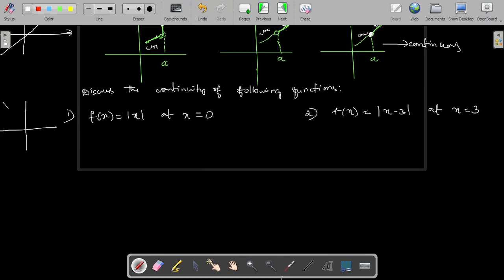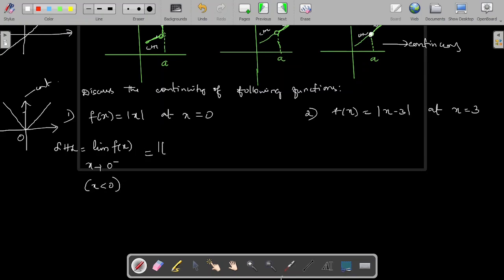We know that graph of a modulus function is in V shape. You can draw the graph of a modulus function without any break. Hence, this function is continuous. But algebraically, we have to prove that is modulus function continuous at x equal to 0. So you have to find out LHL of this function, that is limit of f of x as x tends to 0 from the left, means x is less than 0.